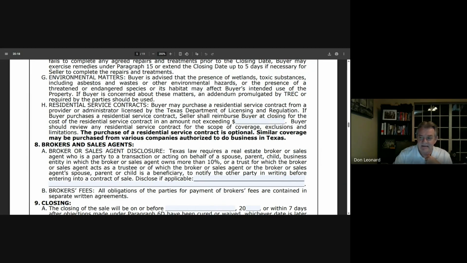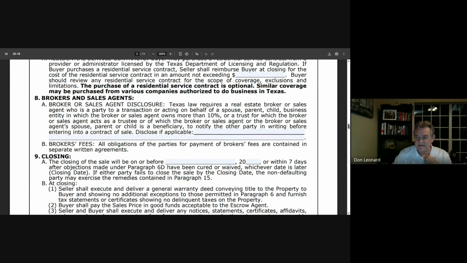All right, Section 8. They're a lot shorter and they go a lot faster. Section 8. Brokers and sales agents. This is one where if you fall into a certain category, you have to make a disclosure. And the first one they talk about is if you are a party to the transaction. If you are the buyer, if you are the seller, you have to disclose the fact that you have a real estate license.